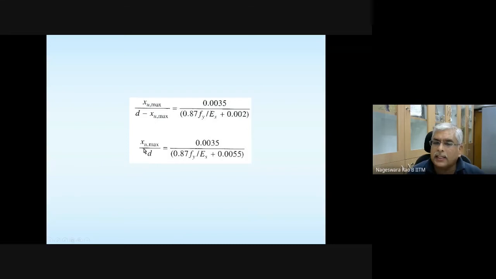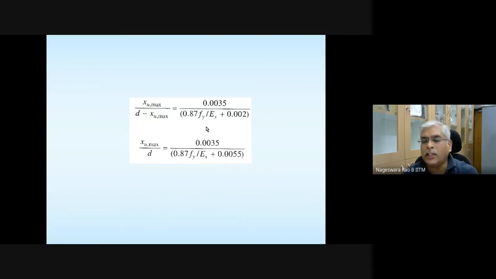But here it is also a neutral axis depth ratio, but this is a limiting value. That's why it is written as Xu max divided by d. And please note that this Xu max divided by d is going to depend only on the grade of steel. You please take a note of this relation.